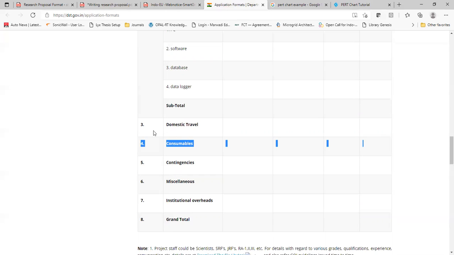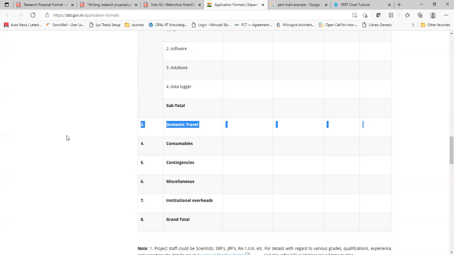Then domestic travel, because many times in the project you may have to travel a lot, maybe for attending a conference, or you may want to meet an industry or test your outcome with an industry product.